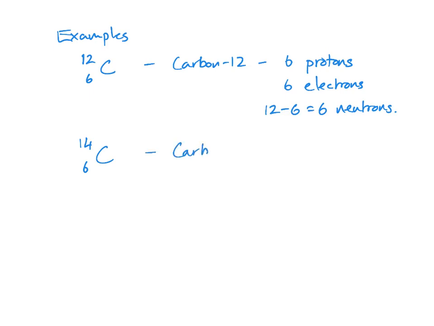But this is what's called an isotope of carbon. Because of the 6 there, it's still got 6 protons. Unless you've charged it, it would have 6 electrons. Now to get the number of neutrons, we do 14 take away 6. So it has 8 neutrons.